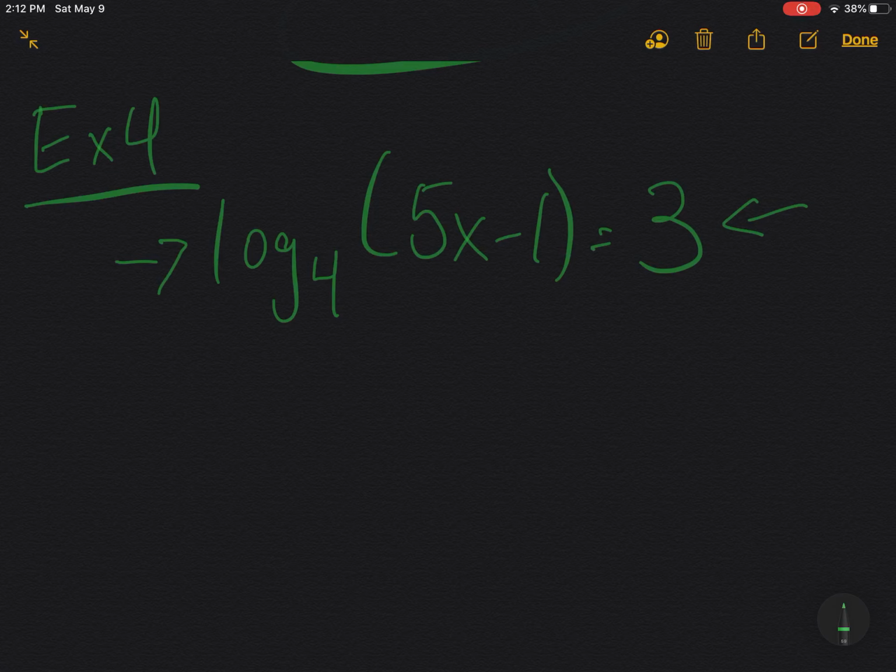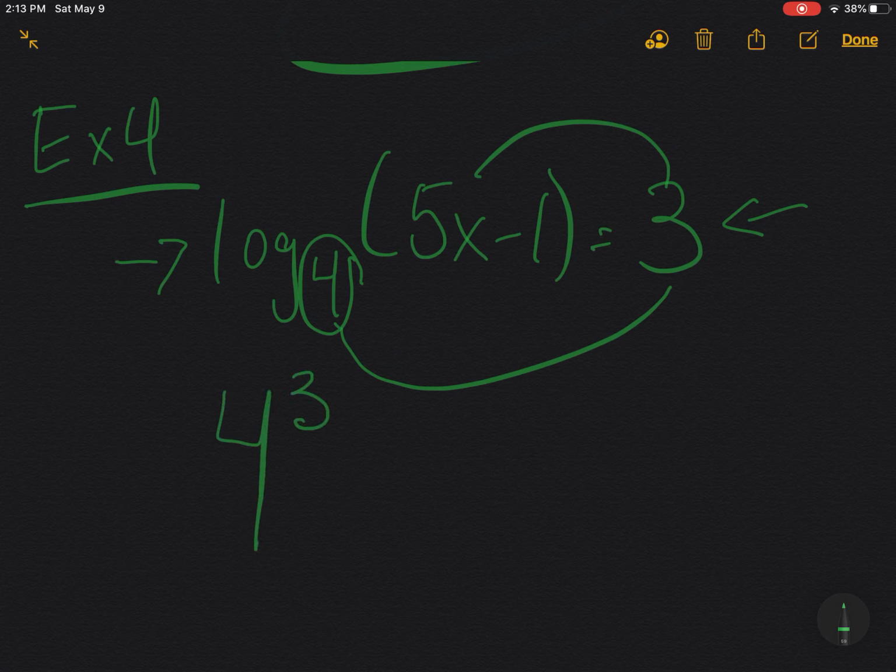So we can't just say 5x minus 1 equals 3. That would be incorrect, okay? What we need to do, and again, this all just keeps coming back, building on previous concepts, is we can do the snail. So that would be 4 to the third power, using the snail method, equals 5x minus 1. Okay, so I did the snail.